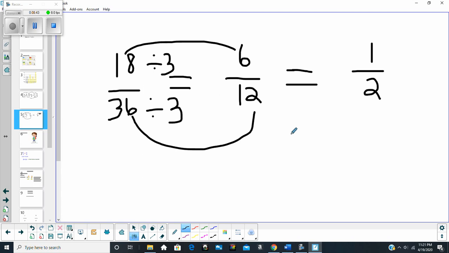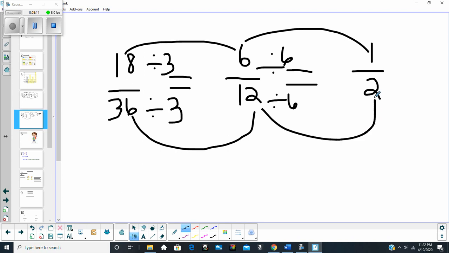So let's look. 6/12 and 1/2. They are equal fractions. So we need to say, what can we divide 6 and 12 by to give us 1/2? So we can divide both of these numbers by 6. 6 divided by 6 gives us 1, and 12 divided by 6 gives us 2.